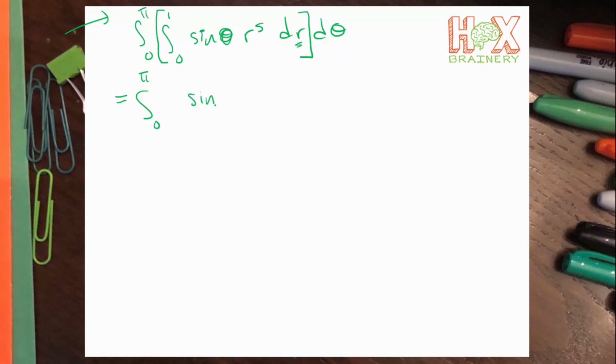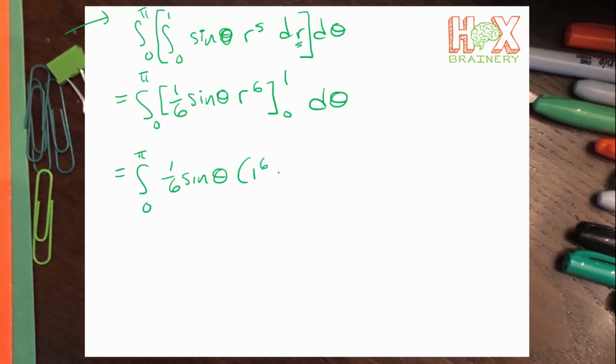So you're going to have sine theta, r to the 6 divided by 6, so I'll put a 1/6 in front, going from 0 to 1, and you still have the d theta. We're still integrating 0 to pi, and we plug in the upper limit 1 minus the lower limit 0. Then clean this up.